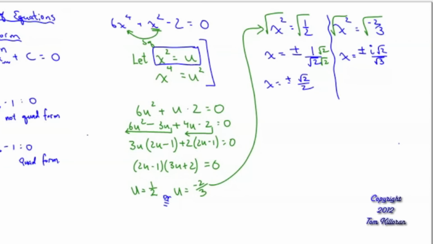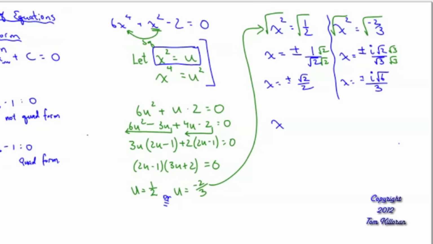You're like squaring it. I'm square rooting it. Can't leave a square root of 3 in the bottom. Multiply top and bottom by square root of 3. And we're going to get x is equal to plus or minus i square root of 6 all over 3.